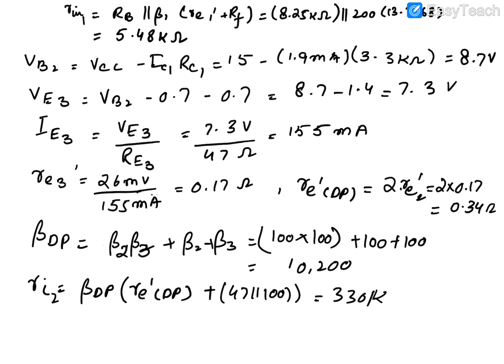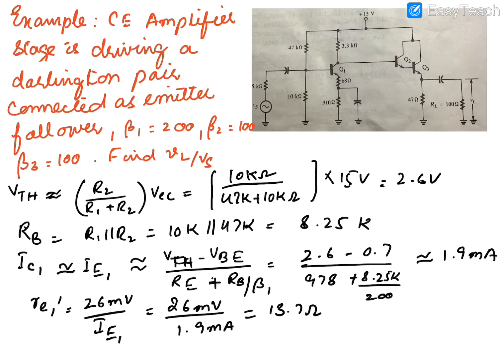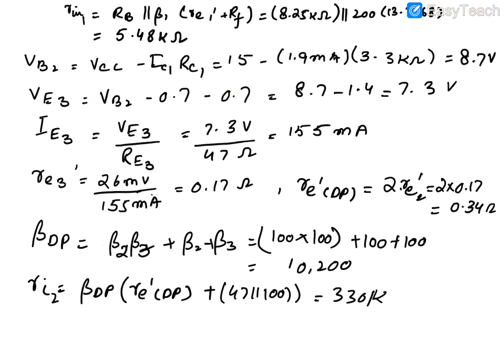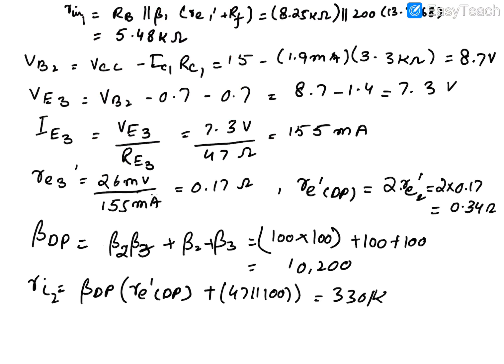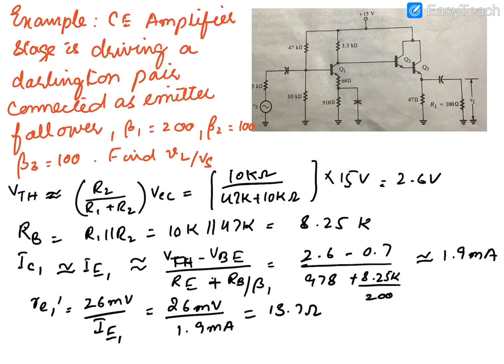So VE3, the voltage across the emitter, will be equal to VB2 minus 0.7 minus 0.7.